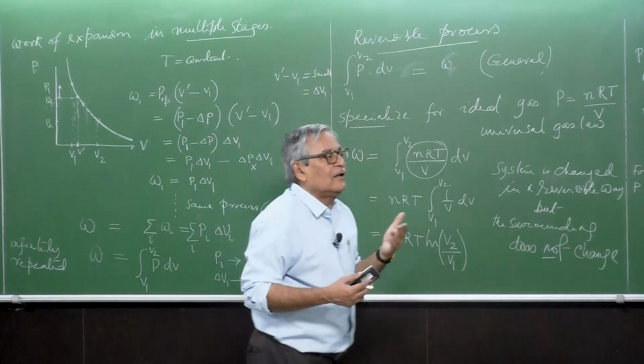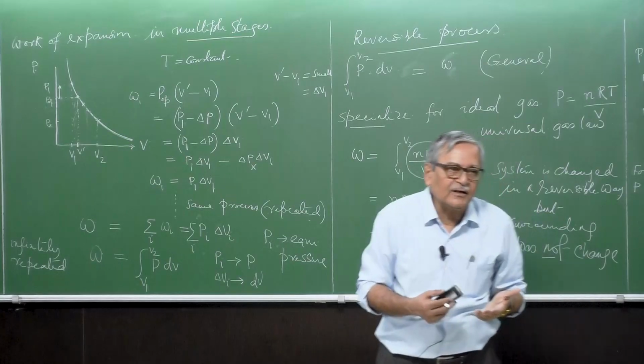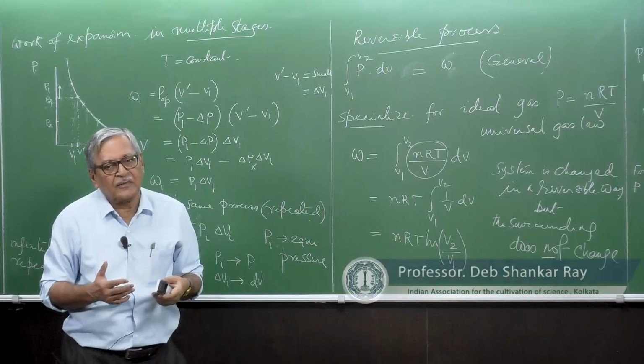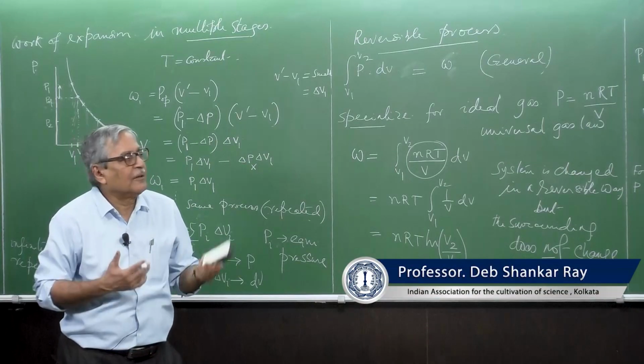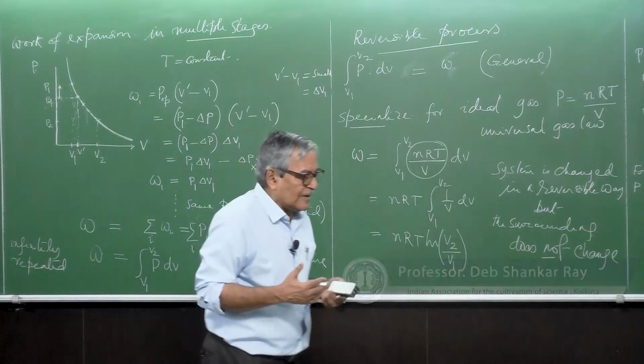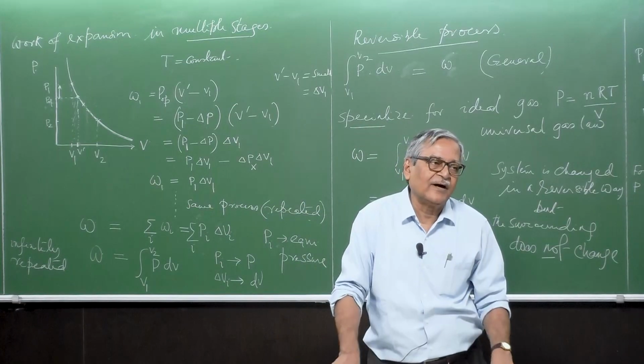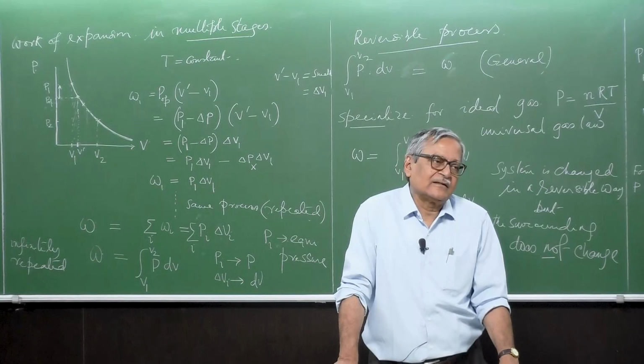So differential of a function is an important quantity. So I will try to discuss something about these differentials, whether they are exact or inexact, and try to clarify those things in my next lecture.